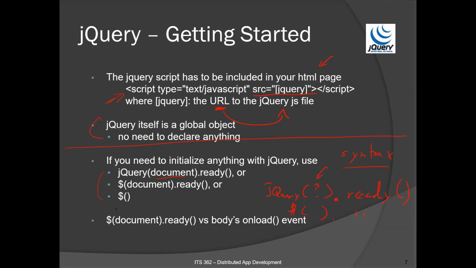Okay, so really then it translates into something like this, right? It looks very strange, but the idea is for it to be simple, and this makes it pretty simple. So in the past, if you remember, we had events associated with tags, like onload for the body tag, right?